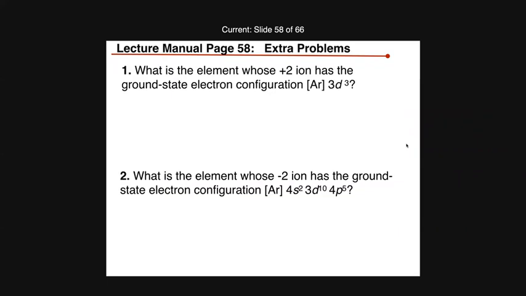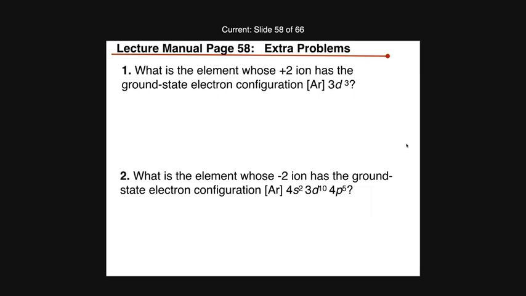All right, so let's take a look at an extra problem that you will see. This would be another extra problem that requires understanding of this whole lecture. It's asking for the identity of the element by giving you the electron configuration, but this electron configuration is of the ion.